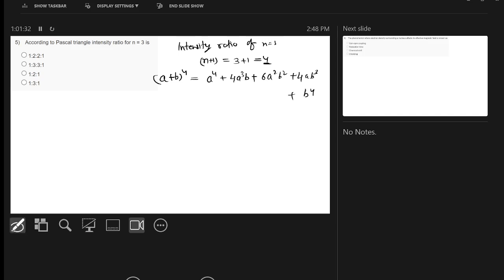So the ratio will be the coefficients of these terms. The coefficients are 1 4 6 4 1.